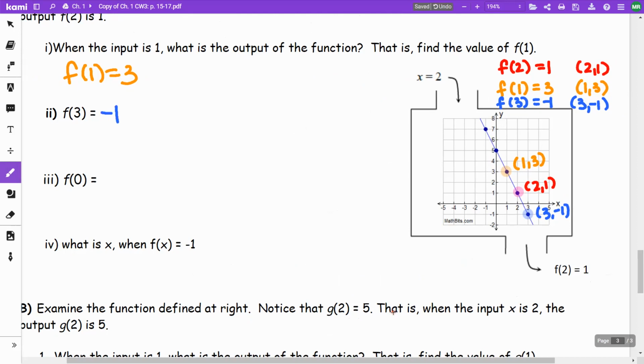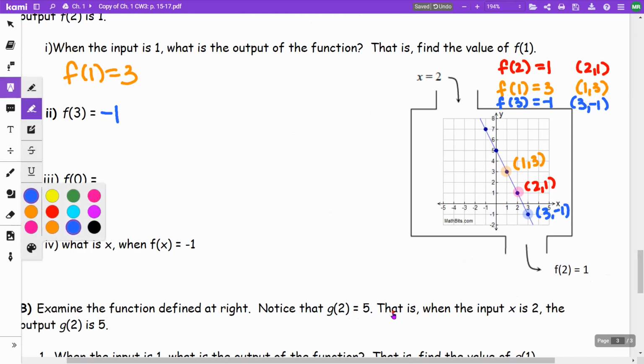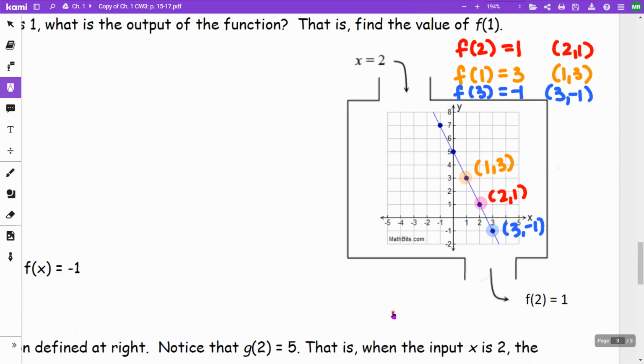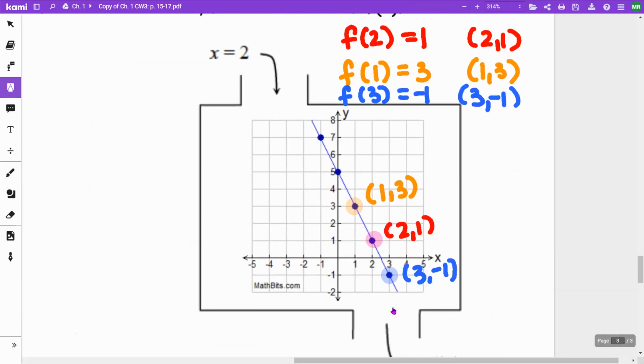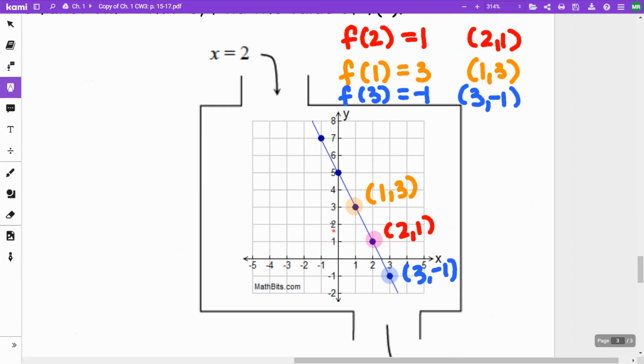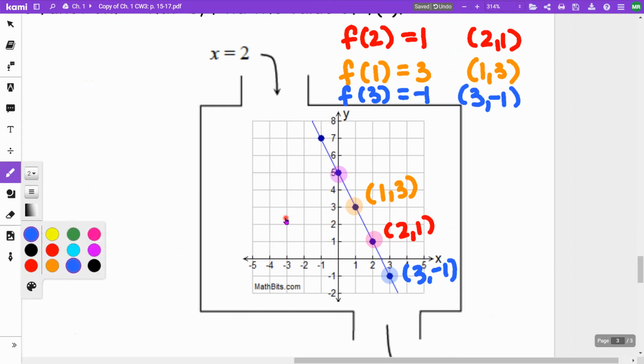Now they want us to find f of 0. So for f of 0, I'm going to come to 0, and I'm going to come here, and this is where it is, okay? Happens to be what we call the y-intercept, and this point's going to be 0, 5.